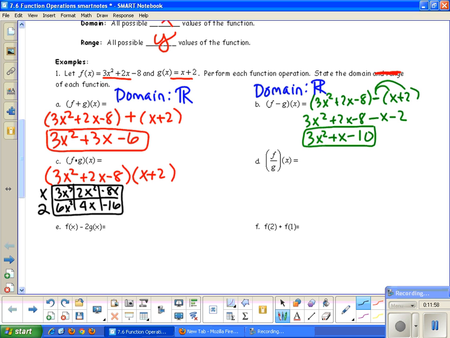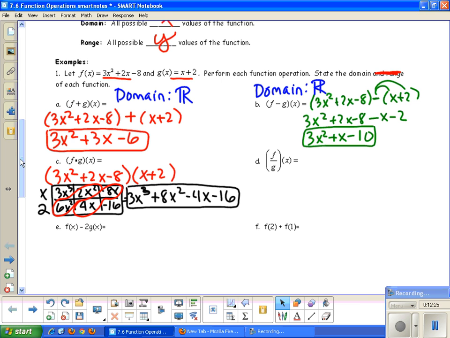And then when I combine like terms, I have 3x squared, or cubed, sorry, 3x cubed. And then I get plus 6x squared and 2x squared, so plus 8x squared. And then 4x minus 8x gives me minus 4x, and then minus 16. So that would be my answer when I FOIL this out. So remember, these were like terms here, and these were like terms here.